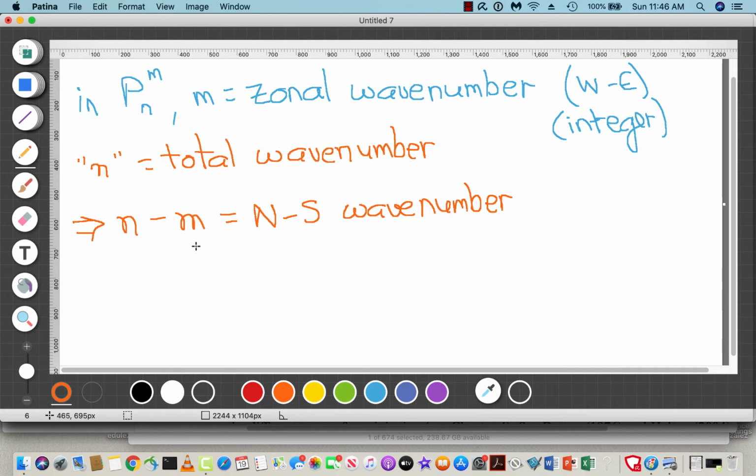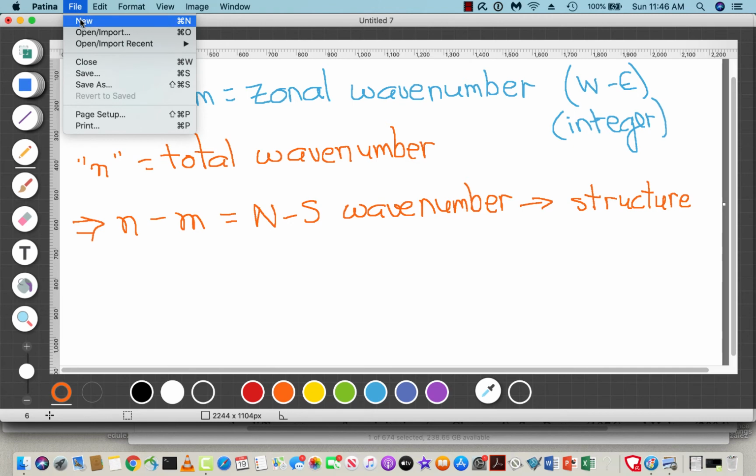And so n minus m gives us a north-south wave number, which gives us a sense of the north-south structure of the assumed piece P, which is just one of the pieces that goes into the picture.